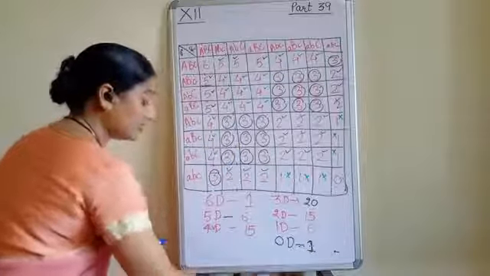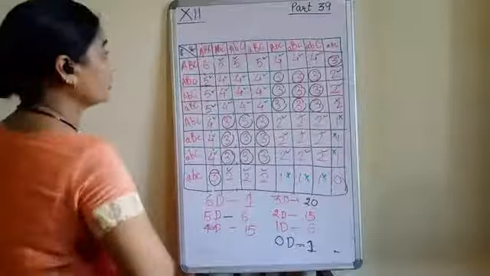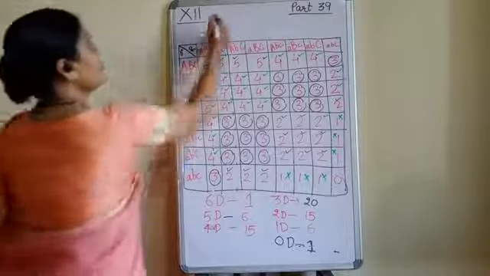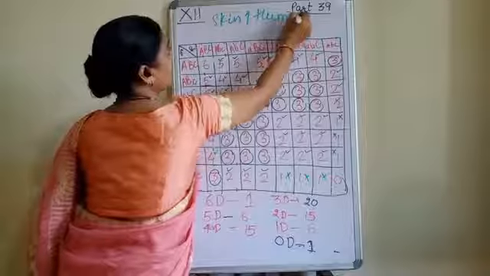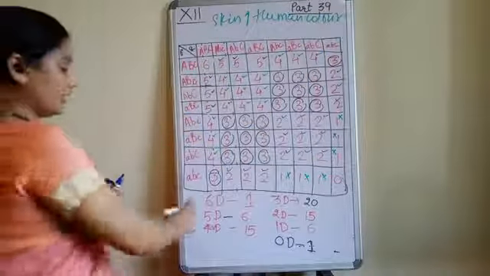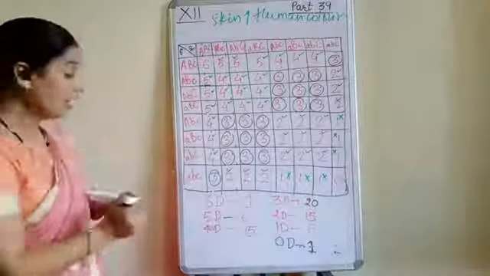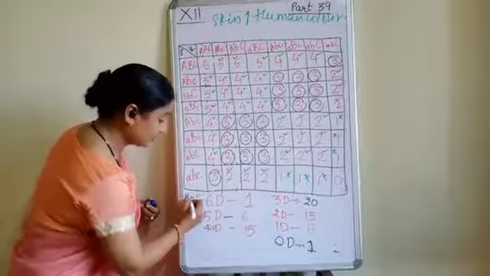Clear? So this is the trihybrid cross for the skin color of humans, or human skin color. Okay. Now what is the condition for the 6 dominant? If all are 6 dominant, it means the person is black.